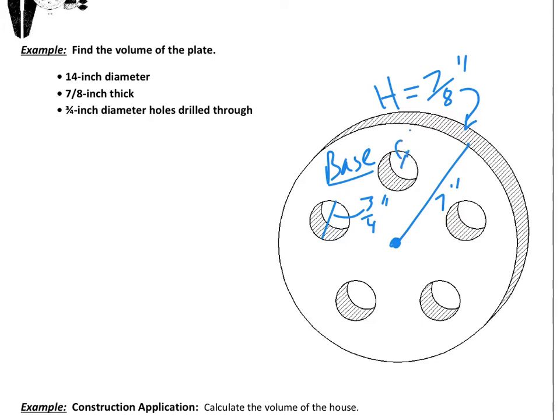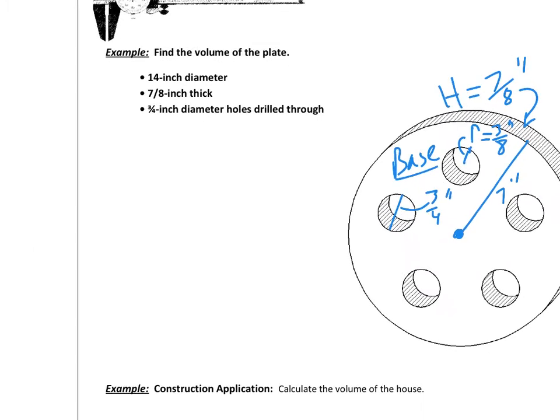Well, that's 3/8. So radius is 3/8 inch. All right, so first thing we got to do, we know that the volume of a prism is area of the base times the height. Capital B now, we're using capital B because it's area of the base. So let's go find the area of the base.